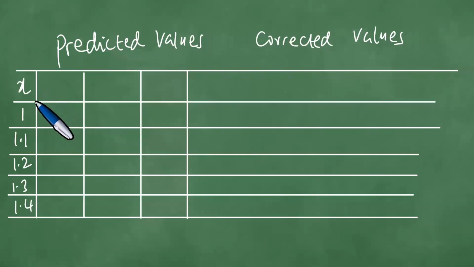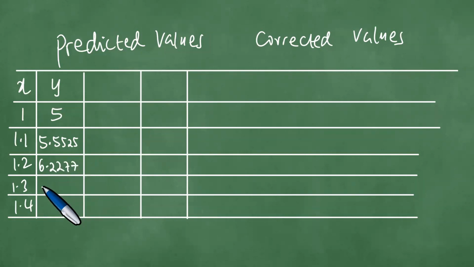Now we have the x's, which are this, then the y's, which are 5, 5.5525, then 6.22.